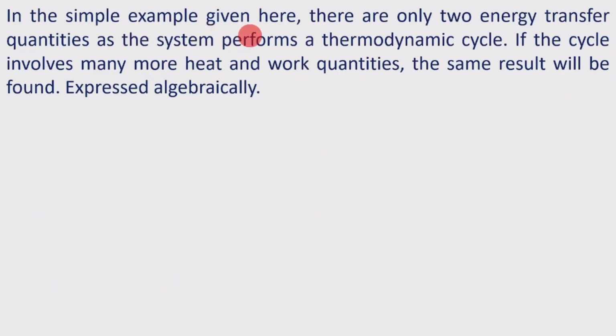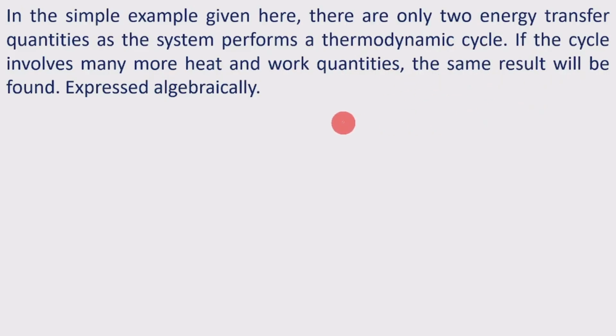In this simple example given here, there are only two energy transfer quantities. What example have we taken? There are only two quantities. One is work transfer to the system, another is heat transfer from the system. If the cycle involves many more heat and work quantities, the same result will be found.